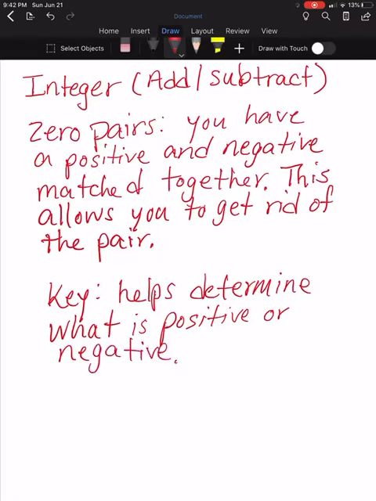So the key helps you determine what is positive or negative. For instance, I know in your bag you have yellow chips and red chips. When I show you an example up here, I'm going to say that yellow means positive and red means negative. So when we actually pull out the chips and start doing them, that's what we call the key. That's how you distinguish which one's positive, which one's negative.